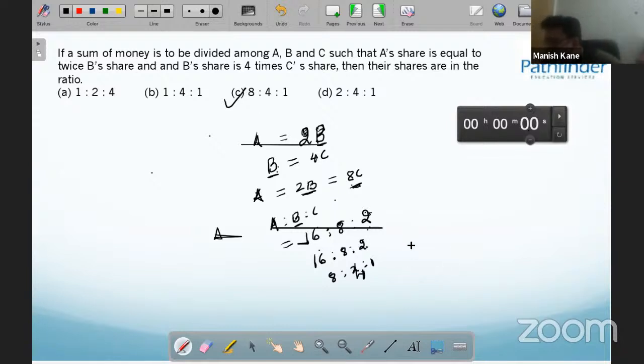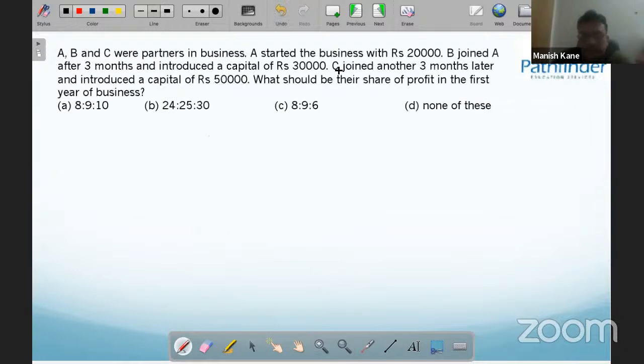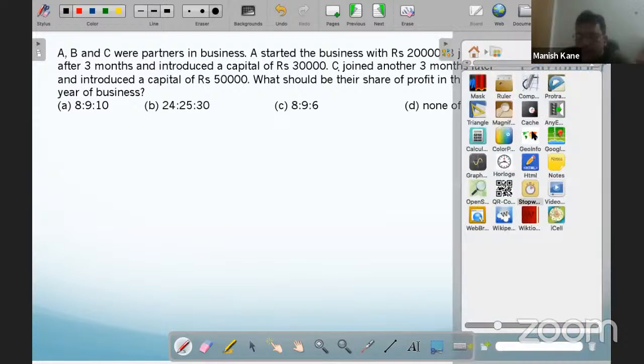So anybody who's got C is correct. Let's go to the next question. Let's see how many of you are able to approach this one. Once again, I'll give you 2.5 minutes to solve this question.